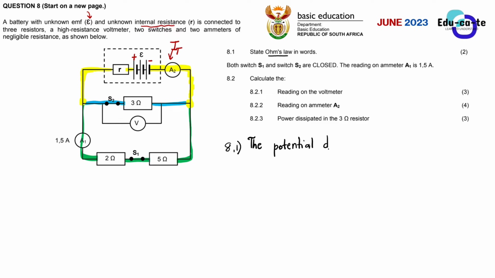So the potential difference across a conductor.